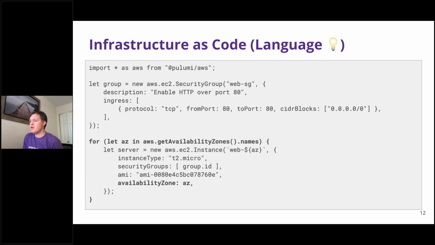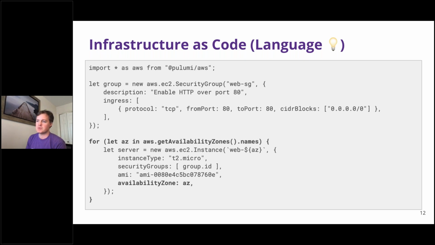And now, of course, when we're in real code, we can do a whole bunch of things that you can't do in something like a JSON or YAML DSL. It's very simple things like, I can write a for loop here, so I can get every availability zone and create an instance per availability zone instead of just creating one instance.